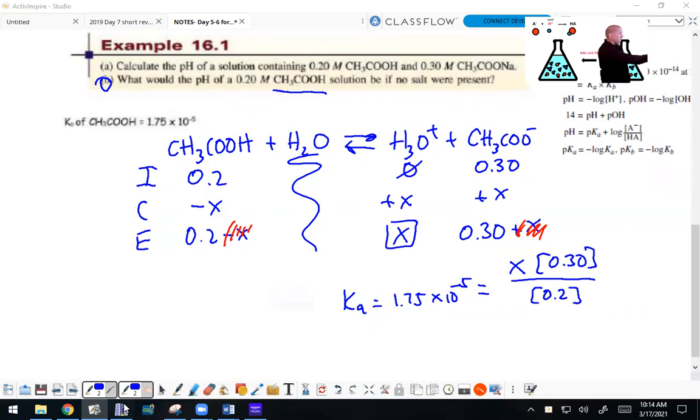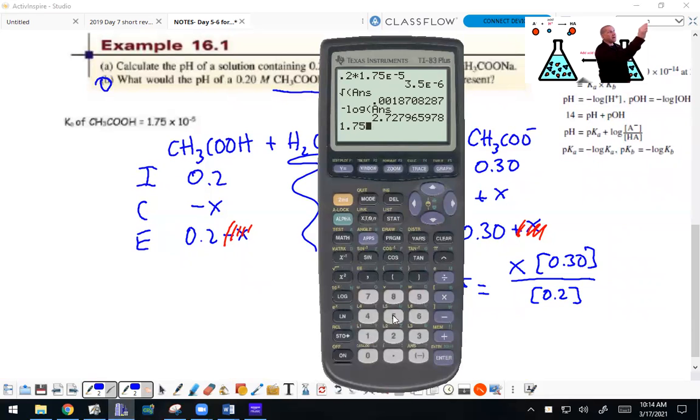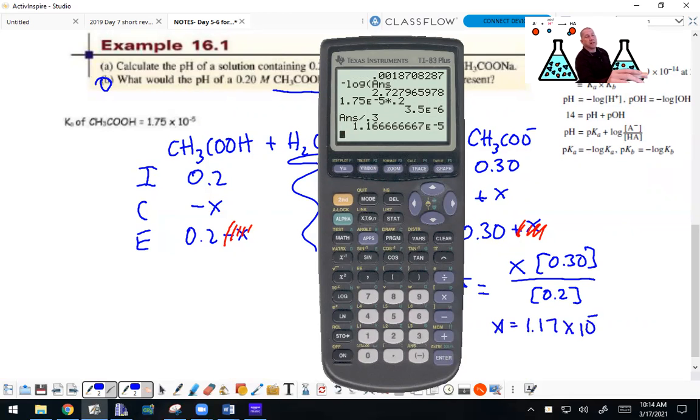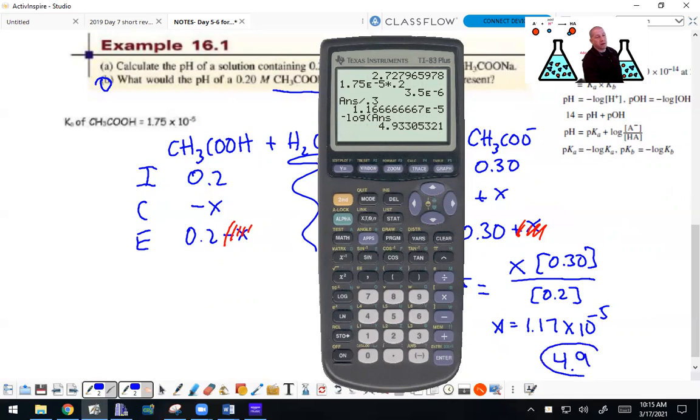All right, so 1.75 times 10 to the minus 5 times 0.2 divided by 0.3, and x equals 1.17 times 10 to the minus 5. So negative log, and we get a pH of 4.9.